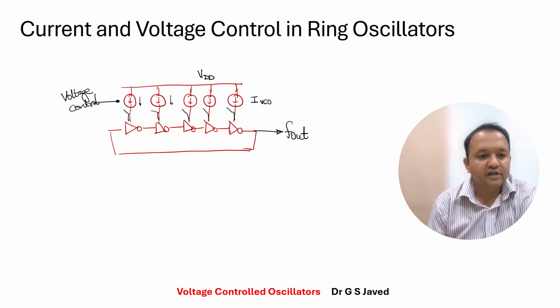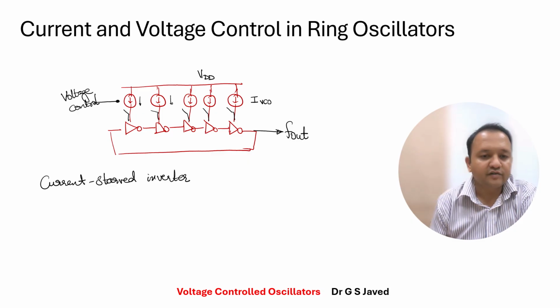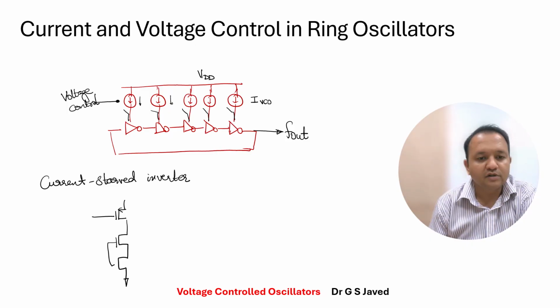In this particular case, you would use what is called a current starved inverter. You can have two kinds of current starved inverters. In this case, since the device is above the inverter, it could be a PMOS device followed by an inverter structure with both PMOS and NMOS present.